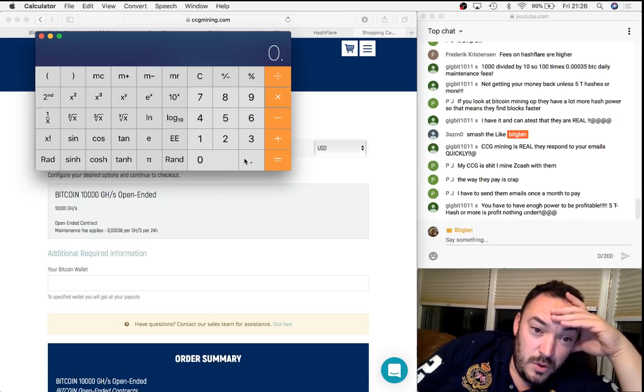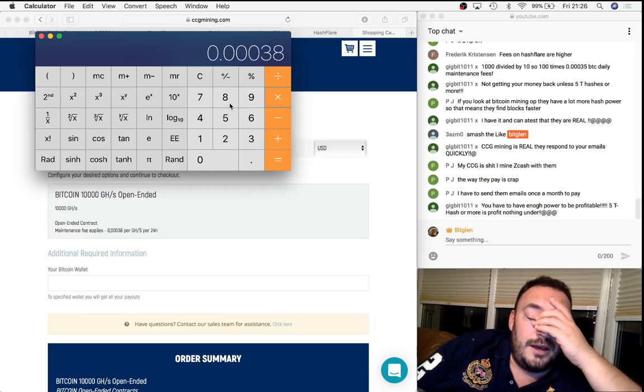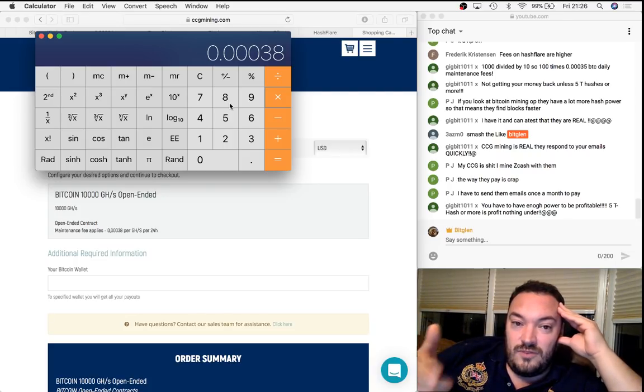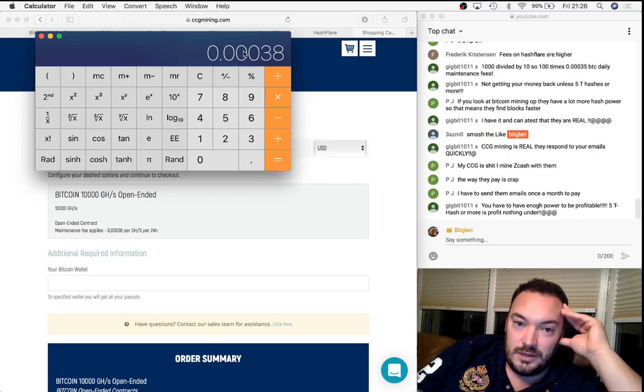Times 0.00038, because Hashflare, they put their fee as 0.0035, but it says on there per 10, so obviously they're 10% cheaper than that, if you see what I mean.